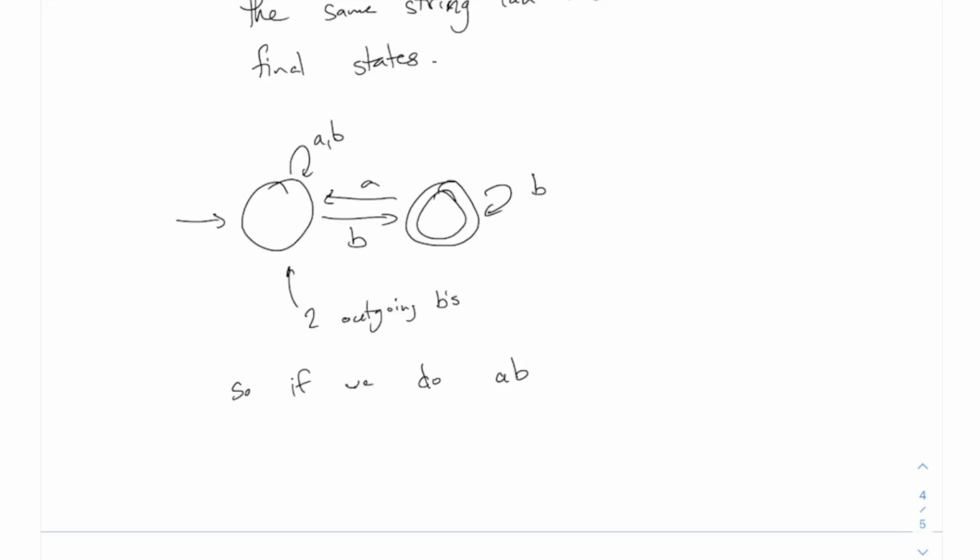You could do AB by following this loop both times and end up in the starting state. Or you could do AB by following the loop once and then going across B and ending up in the accepting state. Yeah, how are we going to decide which path? Yeah, the definition I'm about to say, let me just finish writing what I was saying. If we do AB, we can end up in either state.